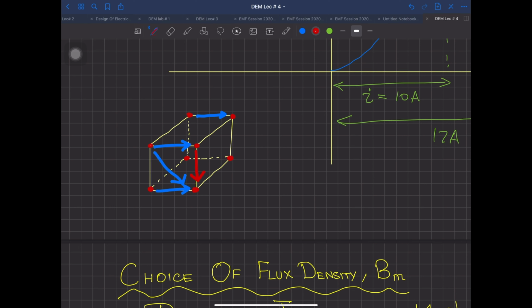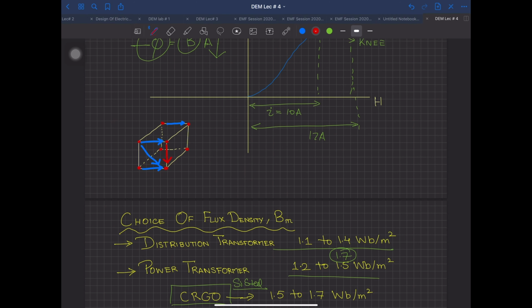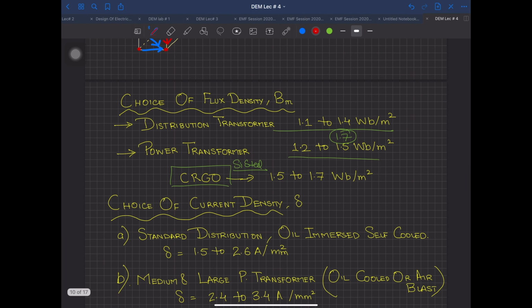So it will be rolled in this one direction, but since it's not my field, I'm not going to go deep into this. But whenever CRGO silicon steel is there, this means that silicon is embedded in a cube lattice structure over there, and silicon is at the edges of your cube, and that's why the CRGO can actually have 1.5 to 1.7 Weber per meter square.